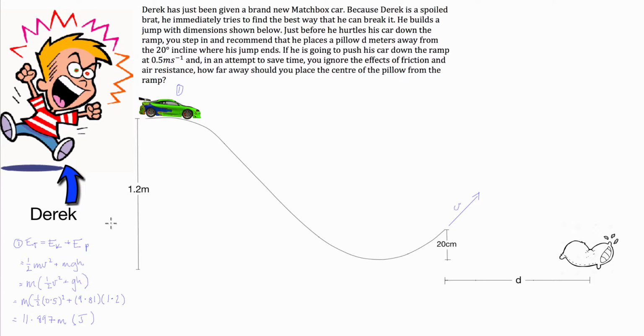Once we've got that, we need to figure out what his energy is going to be here, because that's going to tell us what his velocity is. We'll be able to solve for velocity. At 2, we have the same situation. His total energy is going to be equal to the sum of his kinetic energy plus his potential energy.